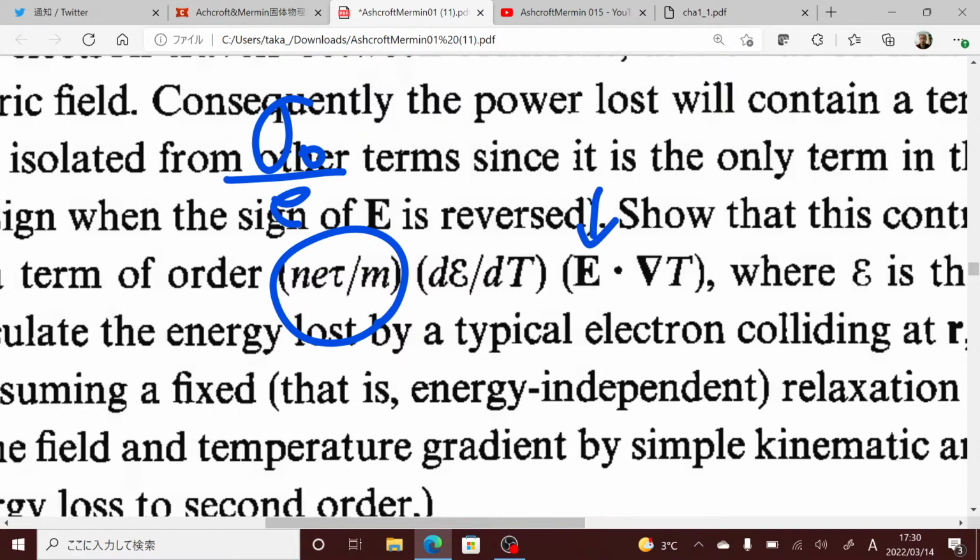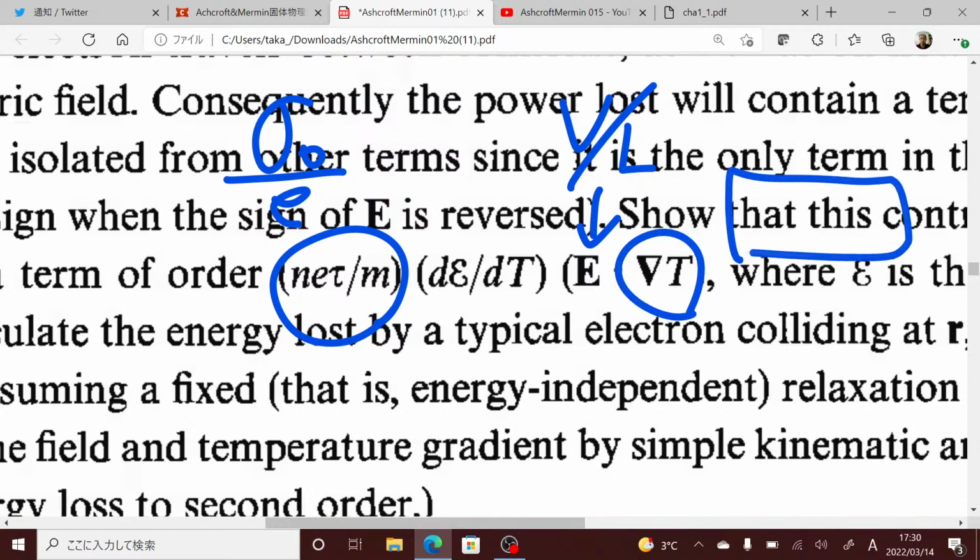And this is a voltage divided by sample size, and this is the temperature gradient. We just measure the temperature at this position and this position.